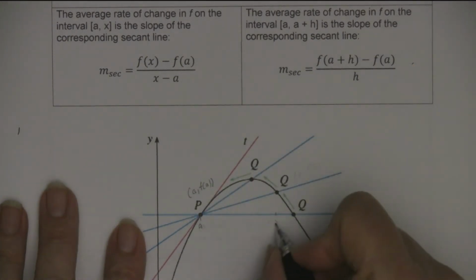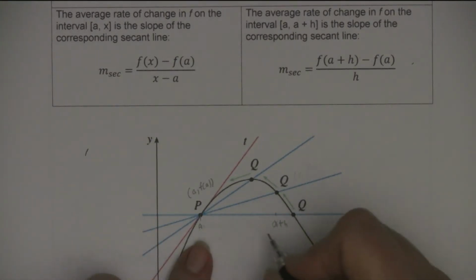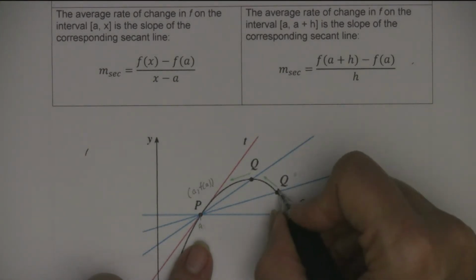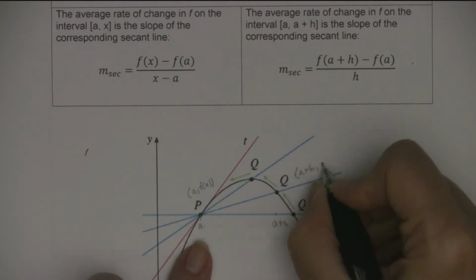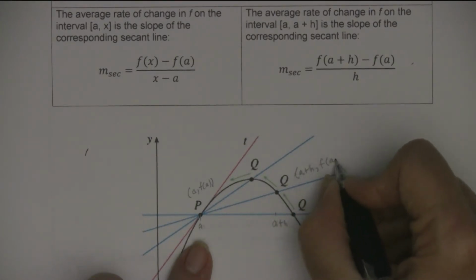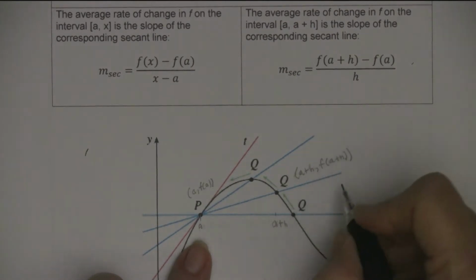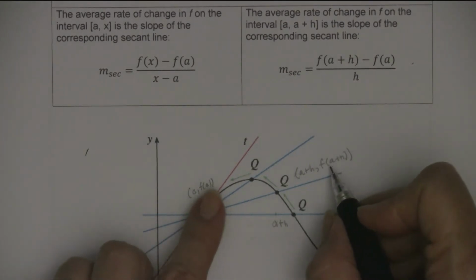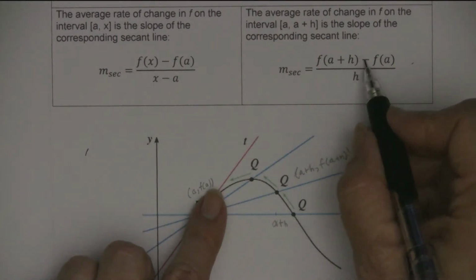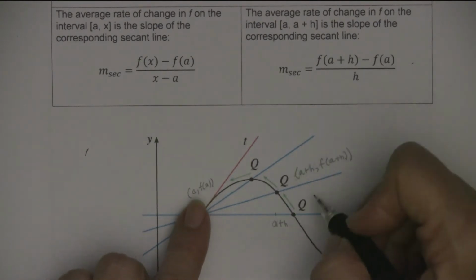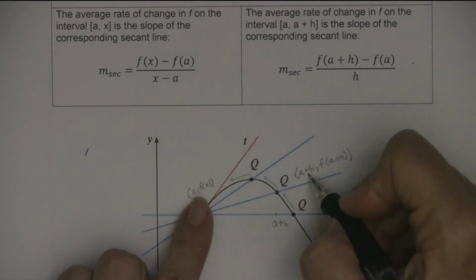And we'll call this one, instead of X, A plus H. So now H is the distance between them, right? And then this point here, Q, would be A plus H for the X value, and for the Y value, F of A plus H. And then when you do the slope, subtract the Y's, Y2 minus Y1, divided by, if I subtract these, I simply get H. We saw that in chapter 1.